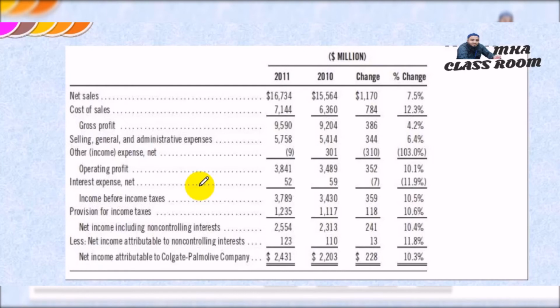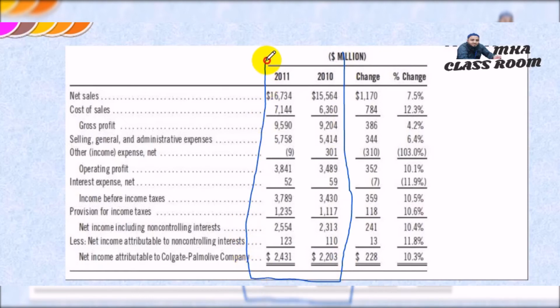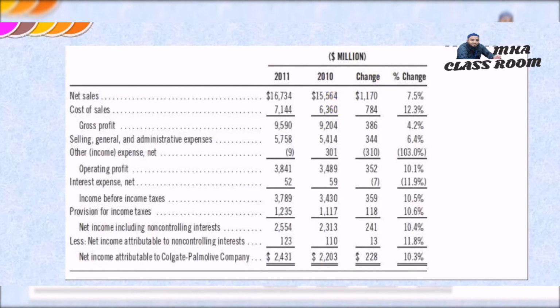That's the income statement, you see. So now we have to prepare a comparative statement. So we are given this data for 2010 and 2011. We have these two types of data.